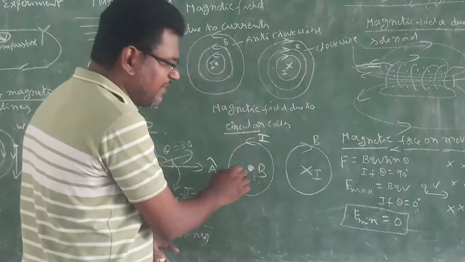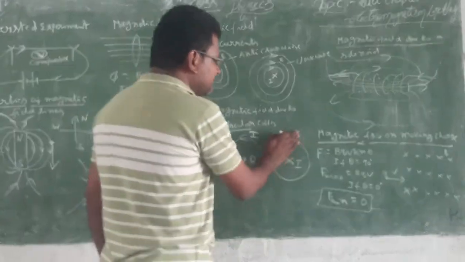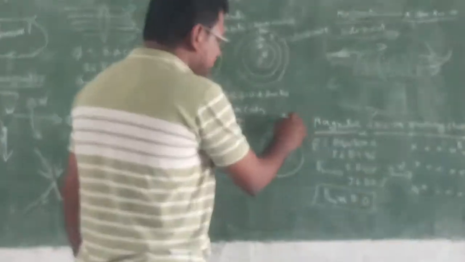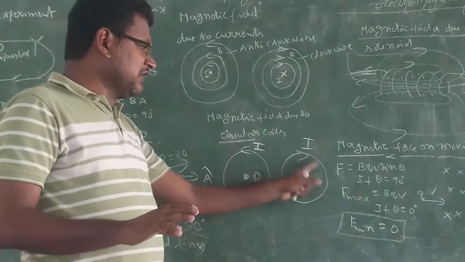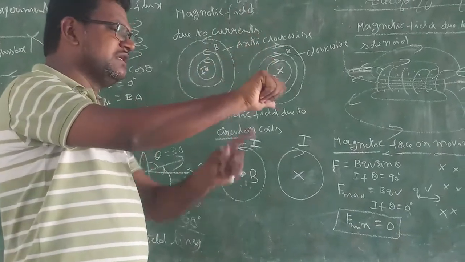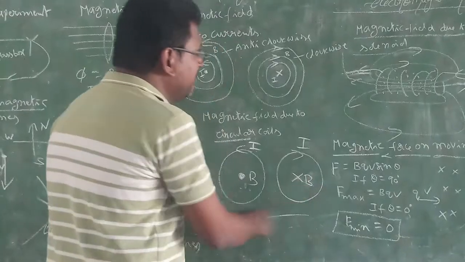So here the direction of the magnetic field is perpendicular to the plane and out of the plane. Now see here, the current is flowing in a clockwise direction. To know the direction of the magnetic field produced by this clockwise current, take the fingers of the right hand in the clockwise direction. Then the thumb represents the direction of the magnetic field, that is into the plane.